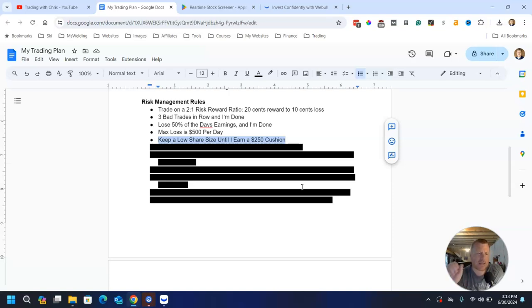Instead, I want to take smaller trades, maybe 500 shares, maybe 1,000 shares at most, so that I can build up this $250 cushion. And then if the market is really hot, I'm going to lean a little bit, and push myself up to $1,000 in earnings that day.